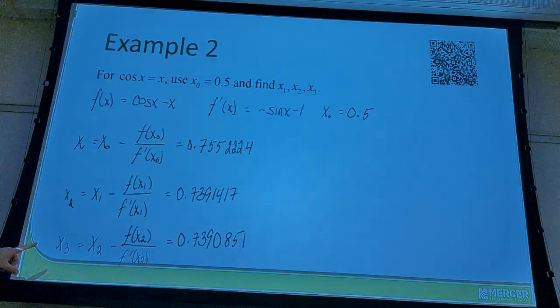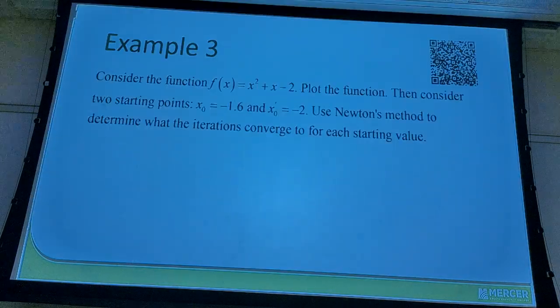We can't determine that from here because the values are still too far off. If I do another iteration, I could probably determine it. That's okay, it's not asking us for that. It's just asking us to find x1, x2, and x3.